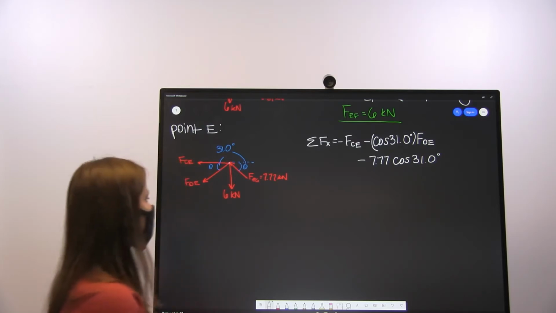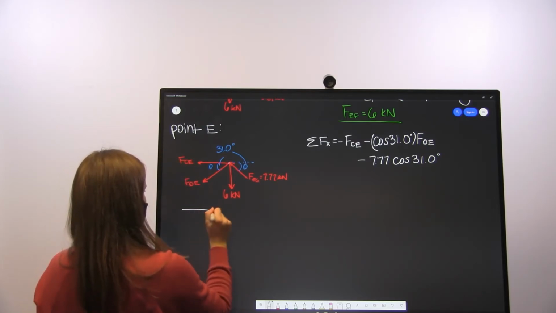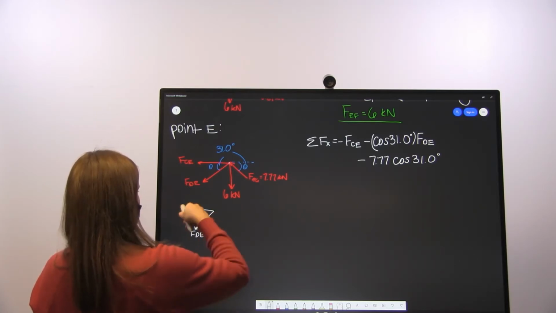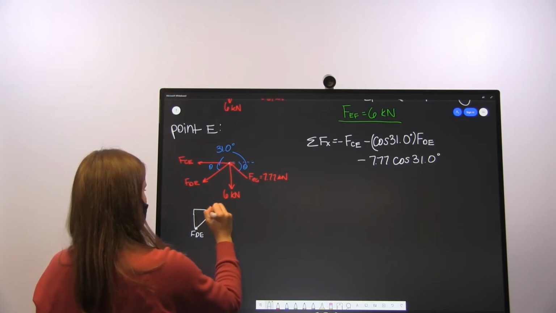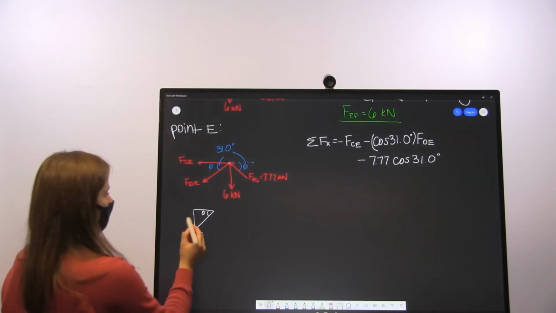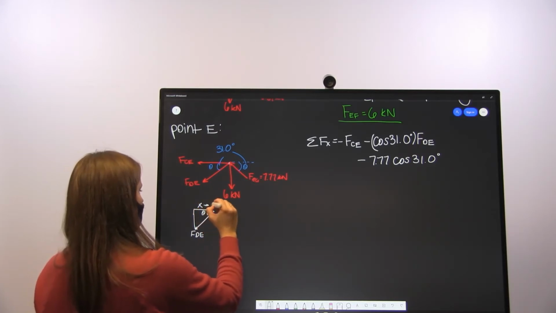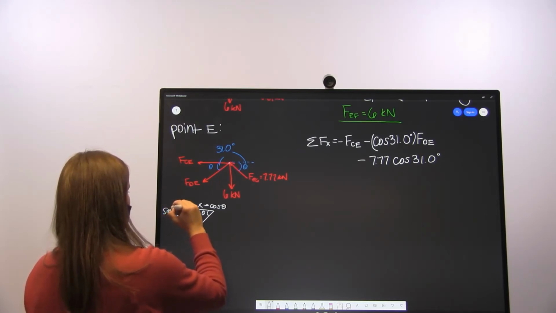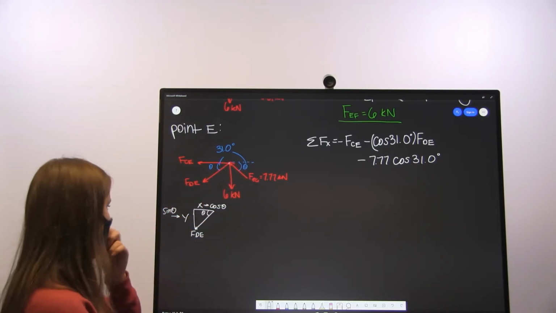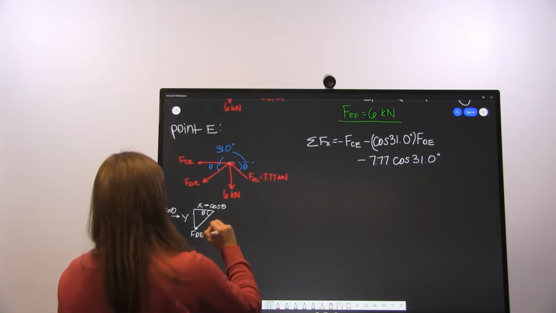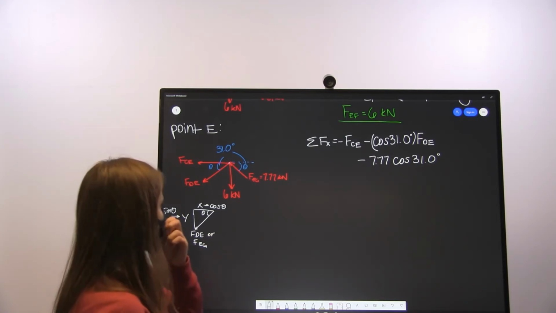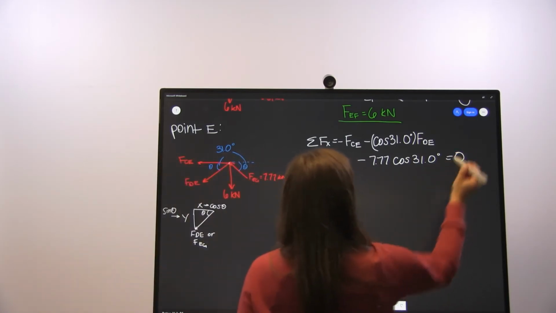And that's just our x components. If we draw our triangles, force DE, we see that this is theta, so if we're calculating for x, this is going to be cosine theta, and then y, it's going to be sine theta. And it's going to be the same for both of these triangles, force DE or force EG. And then from there, this is equal to 0.